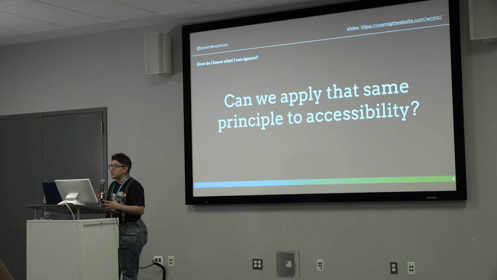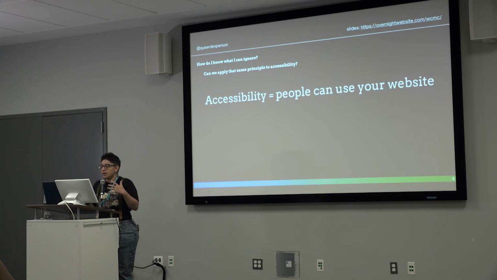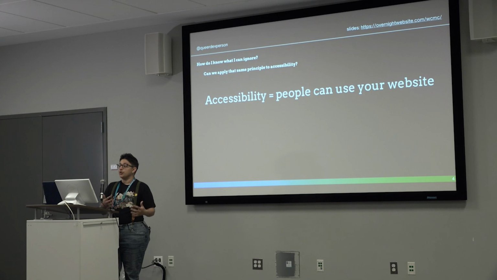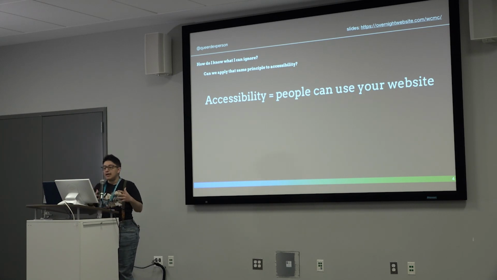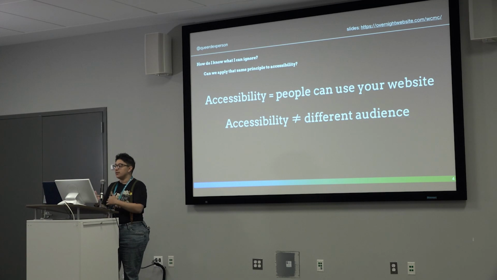Well, at its baseline, accessibility just means making sure people can use your website. There are things that you do to cater to certain audiences when you're creating your website, right? You're designing and creating so that your preferred audience likes it and interacts with it. But accessibility doesn't mean that it's a different audience.